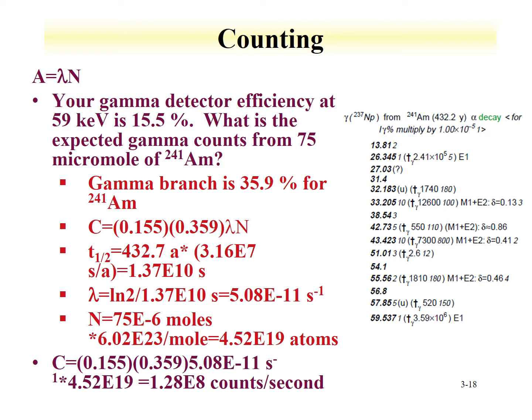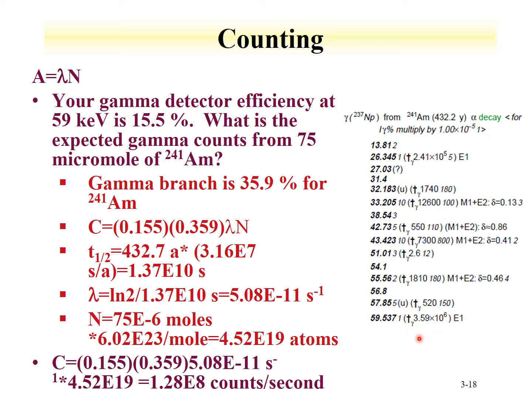Well, I use this information here to get the gamma branch, which is for americium-241. The gamma branch at 60 keV, so 59 right over here, is, I multiply it by 1 times 10 to the minus 5. This is 3.56 times 10 to the 6.